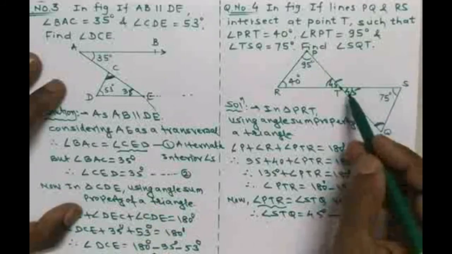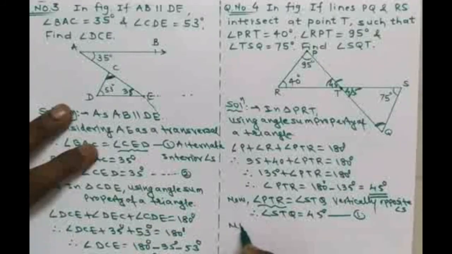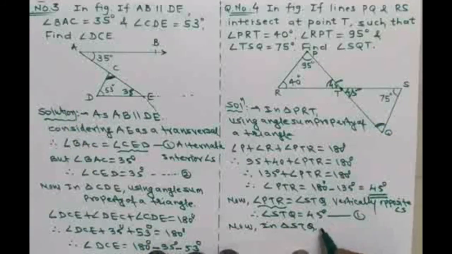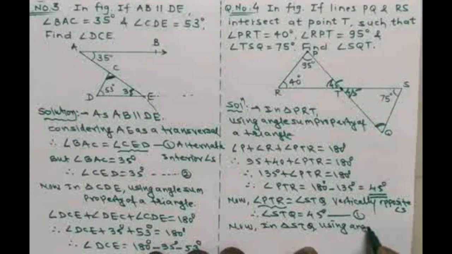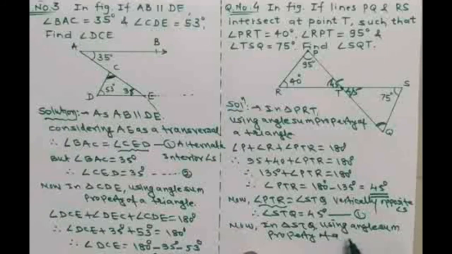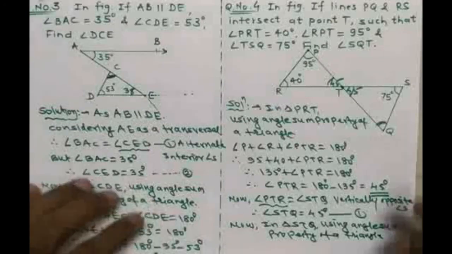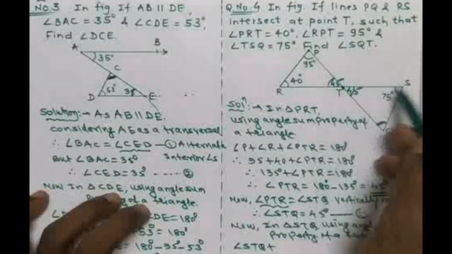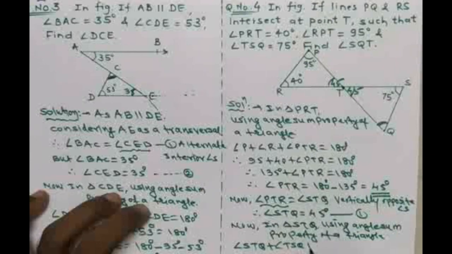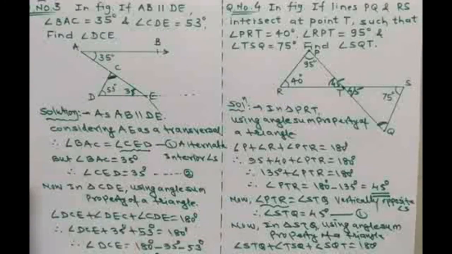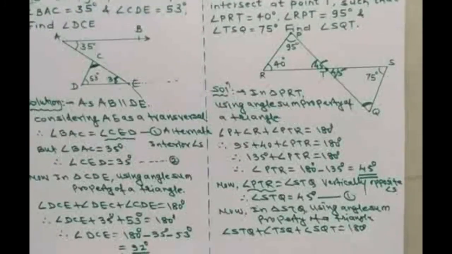Again we can use here the angle sum property of triangle STQ. Now in triangle STQ, using angle sum property of a triangle, angle STQ plus angle TSQ plus angle SQT equals 180 degree.